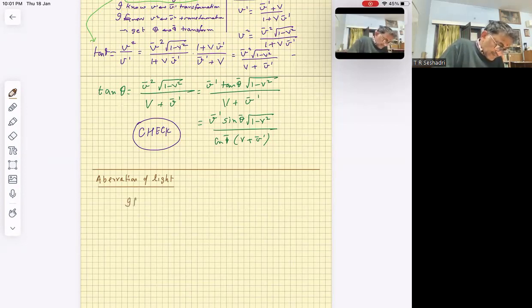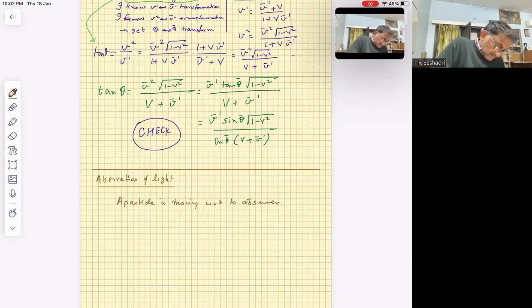If a photon is moving... so a particle is moving with respect to the observer.